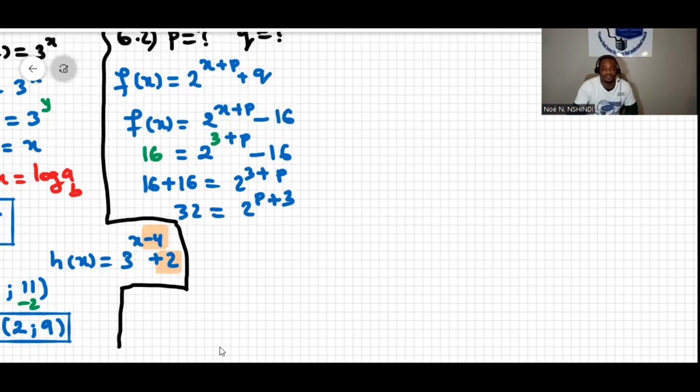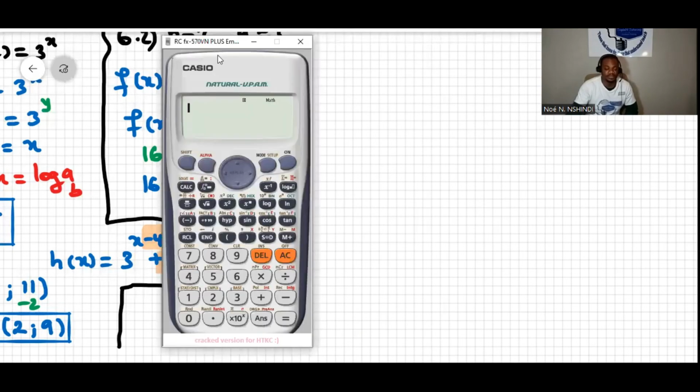Now, 32 can be written in terms of its prime factor as 2 to the power 5. In case you don't see why this is equal to 2 to the power 5, you can use a calculator.